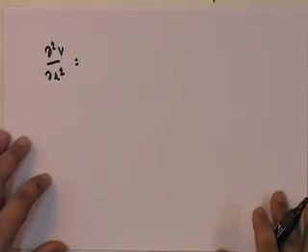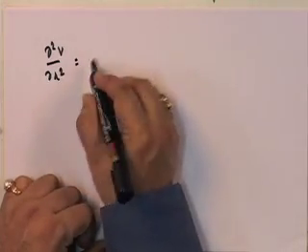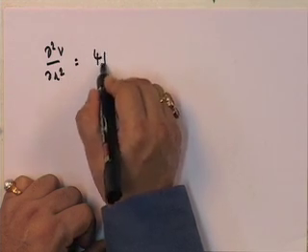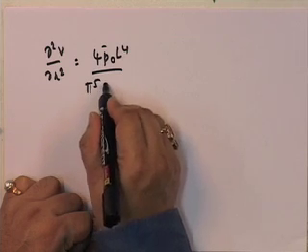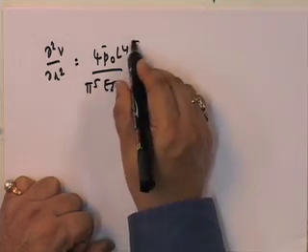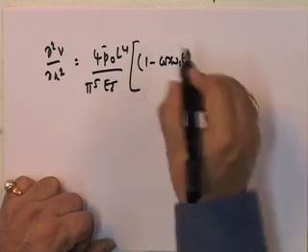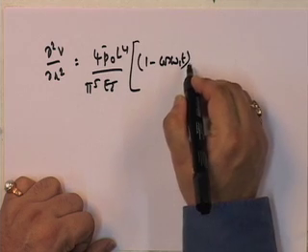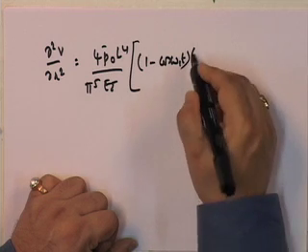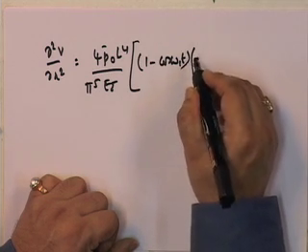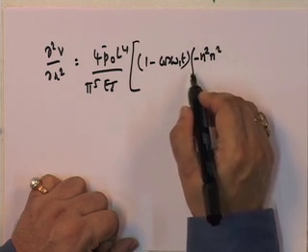Del squared V by del x squared is equal to the following: 4 p naught L4th upon pi 5 EI, 1 minus cosine omega. This one doesn't differentiate, but this one differentiates, and this one differentiates to minus n squared pi squared.